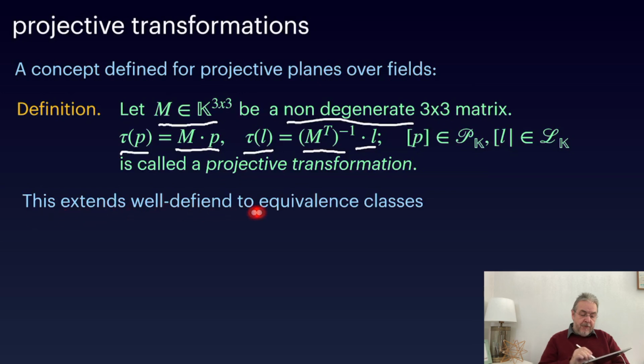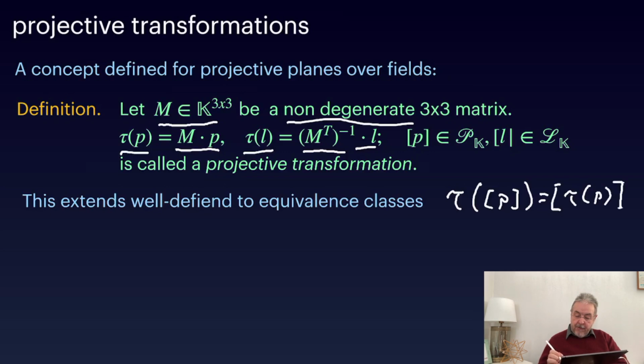So this concept really extends well to equivalence classes. So we can, if we want, similarly speak about projective maps of equivalence classes, which simply would be, in our definition, the equivalence class defined by the image of the representative, and this thing here really is well defined.